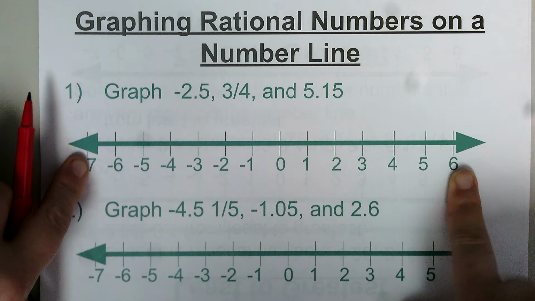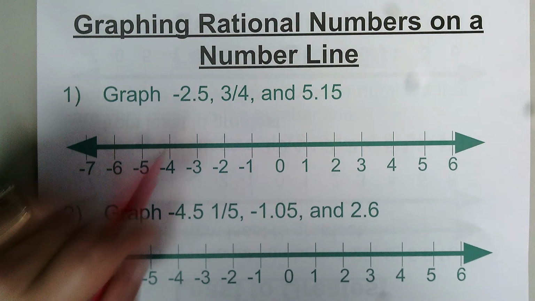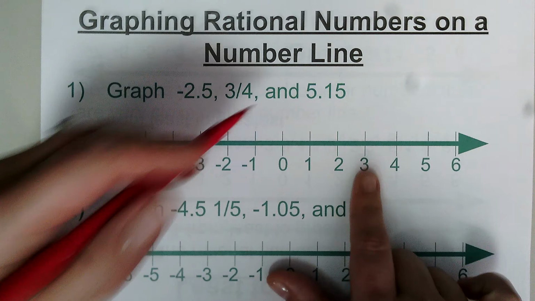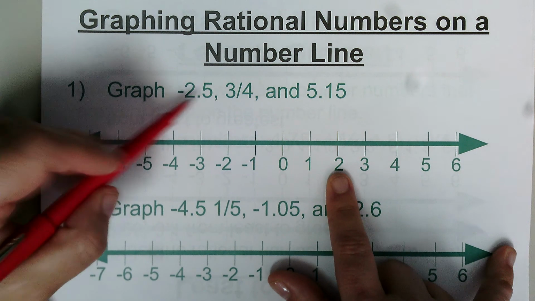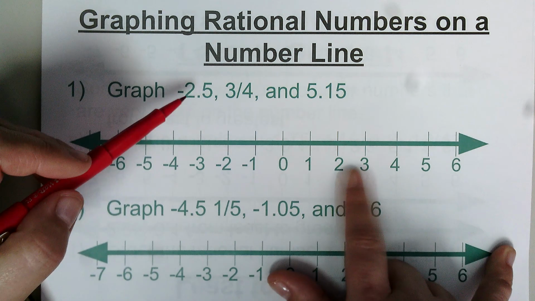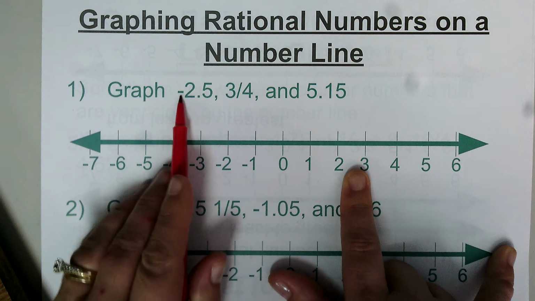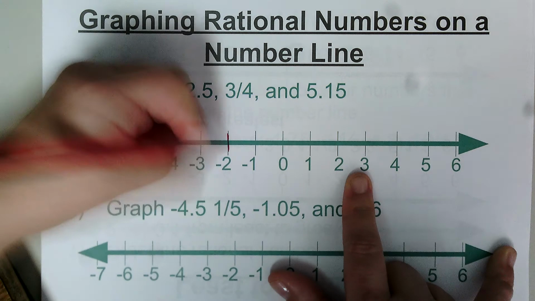Okay, so if it's -2 and 5/10, I know that 2 1/2 or 2 and 5/10 falls between 2 and 3 on the positive number line. 2 1/2 is more than 2, it's less than 3, so 2 1/2 falls between 2 and 3. So it makes sense that if it's negative, it's going to fall between -2 and -3.